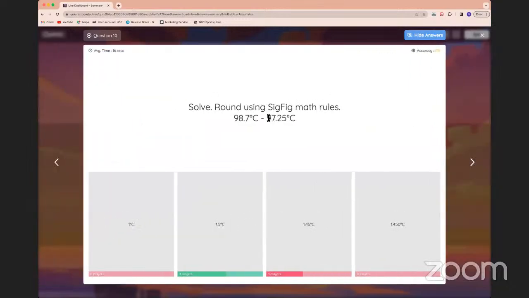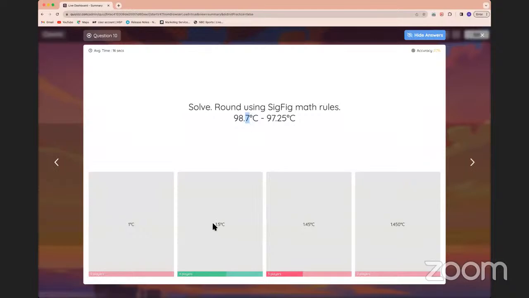And then here, when you subtract numbers, the rule that governs subtraction and addition is decimal places. So the first measurement has 1 decimal place. The second has 2 decimal places. So the answer cannot have more than 1 decimal place because the number that is the least precise defines the precision of the final answer.